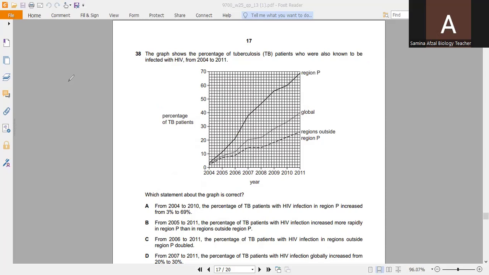From 2004 to 2010, the percentage of TB patients with HIV infection in region P increased from 3 to 69%.